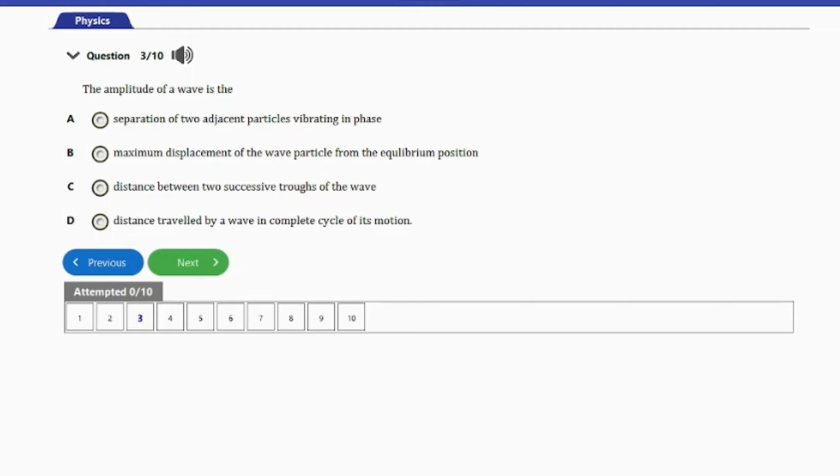So guys, the answer to this question is option B, maximum displacement of the wave particle from the equilibrium position, and that's it for this question. Let's go ahead and consider the next question, guys.